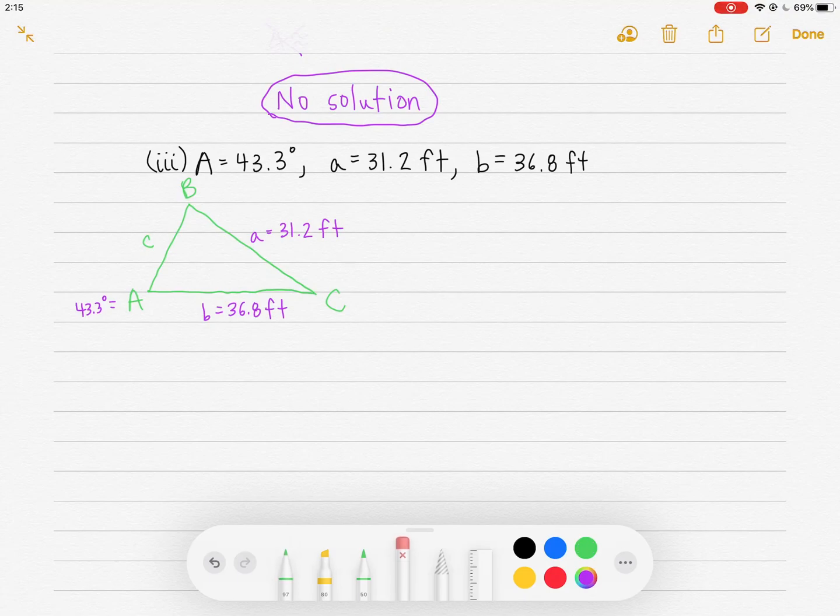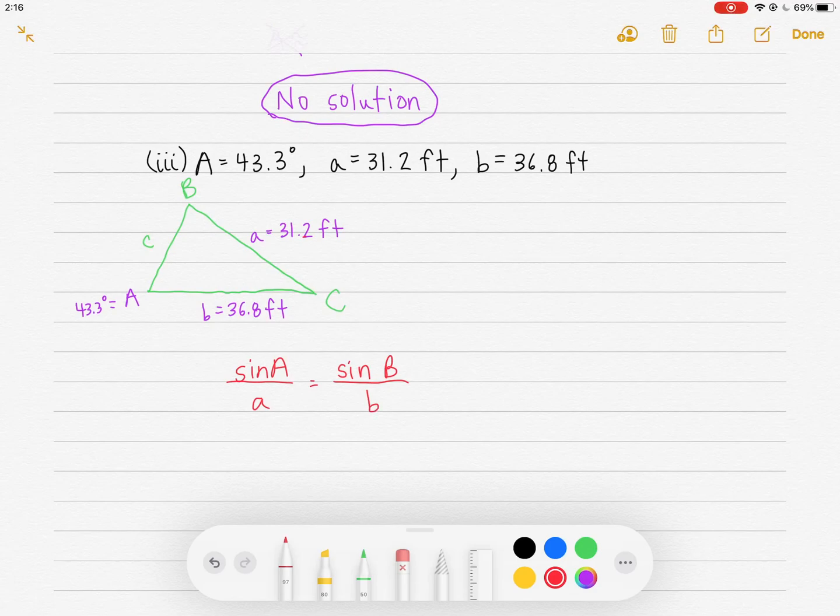Maybe I should make my big A purple because he was given. Okay, so because we know big A and little a, we are definitely going to be using sine of big A over little a equal to sine of big B over little b, because we know little b.